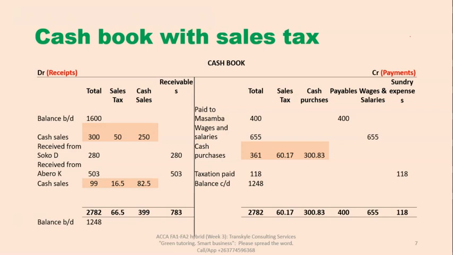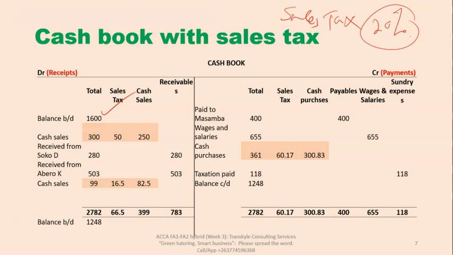The balance b/d is 1,600 as usual, and we've got cash sales, where we have an assumption that the sales tax rate is 20%.